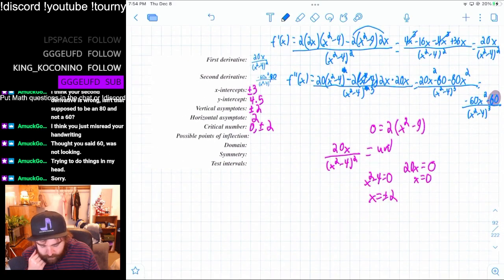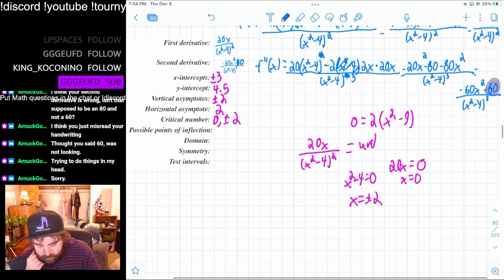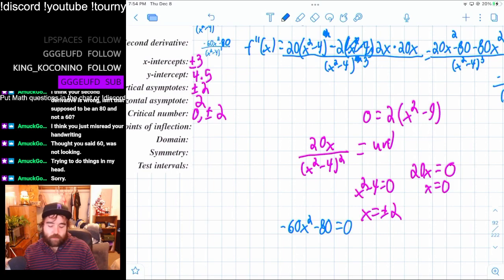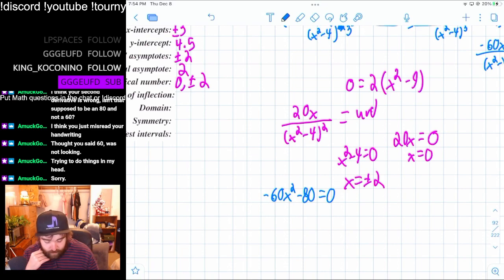So let's see. What are possible points of inflection? Set the second derivative equal to 0. So that's negative 60x squared minus 80 is equal to 0. Because, of course, we just need the top to be 0. So let's see what happens then. Subtract the 80, divide by 60. That's 8 over negative 6. That's negative 4/3. Square root both sides.